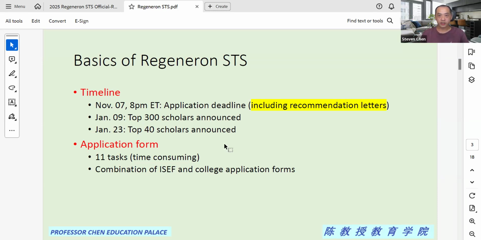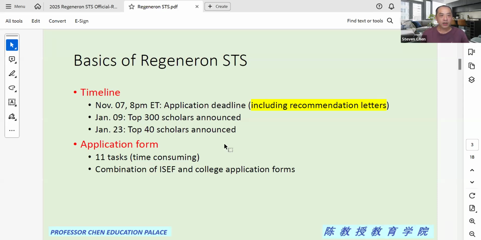All those universities will seriously take note of that additional information. It's just because they value Regeneron STS a lot, and they fully understand that the time it releases the decisions will be after the university's application deadline. So all universities are aware of it, and they have their own mechanism to process this information.